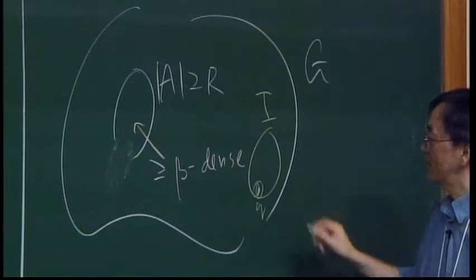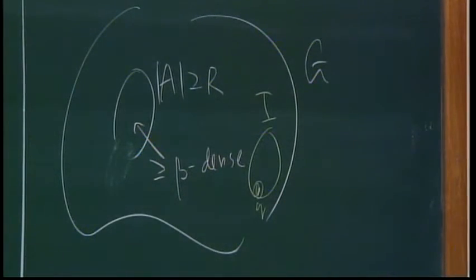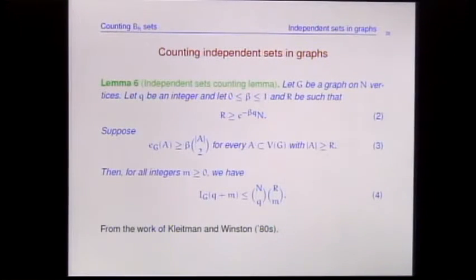You look at some seed set Q, some small independent set. You start with this seed set Q, and this N choose Q is how many seed sets you have.